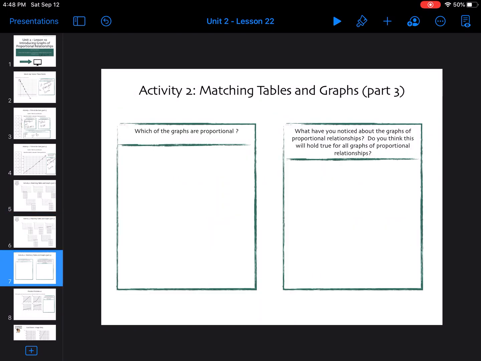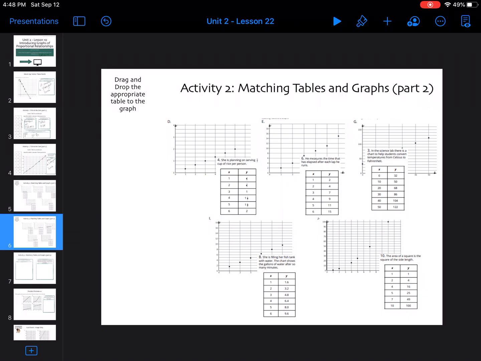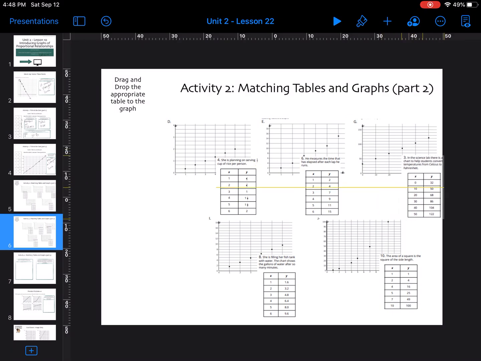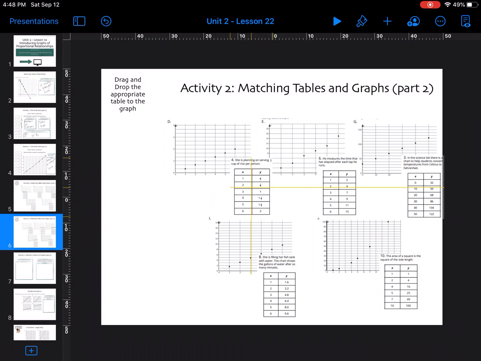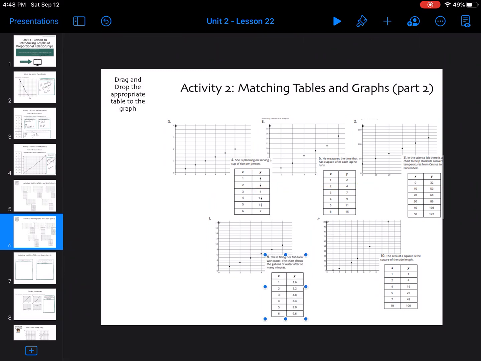All right. So, which of the graphs are proportional? So, proportional, that means they make a straight line. So, if I'm looking at the graphs that make a straight line, I would have to do some thinking.